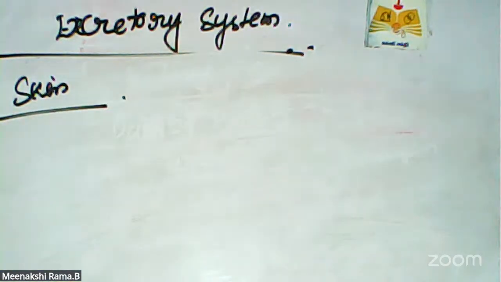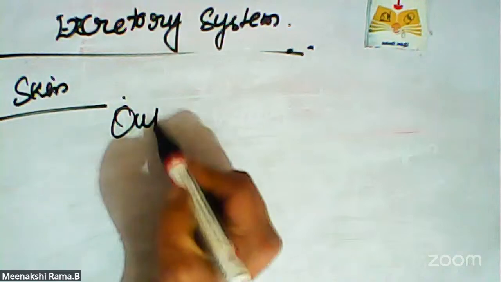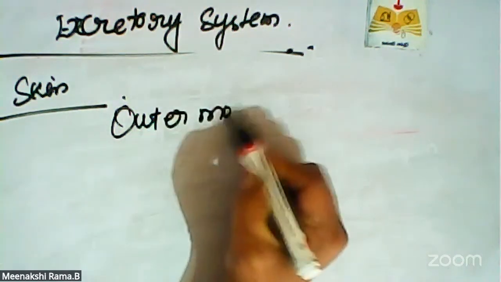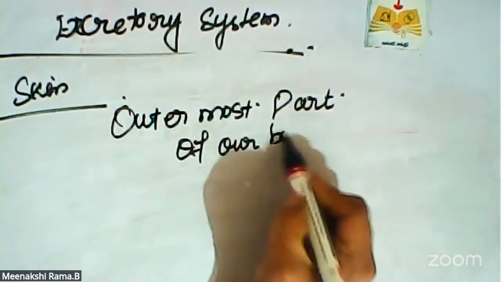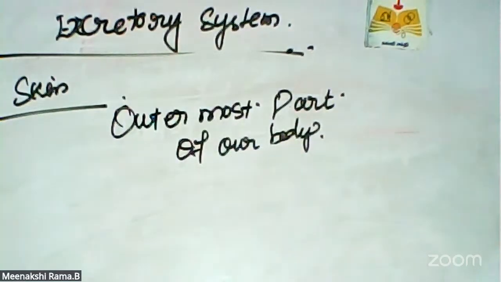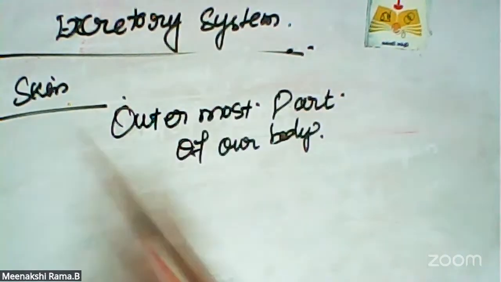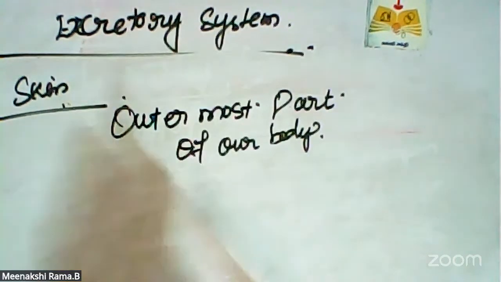Okay, skin is the outermost covering of our body. Yes, this is the last part. The outermost part of our body is the skin only. Our body is covered with the skin. Each and every organ, each and every part is covered with the skin only.